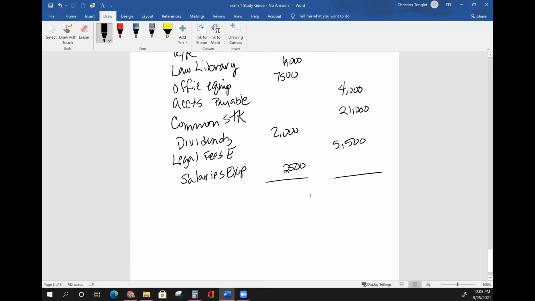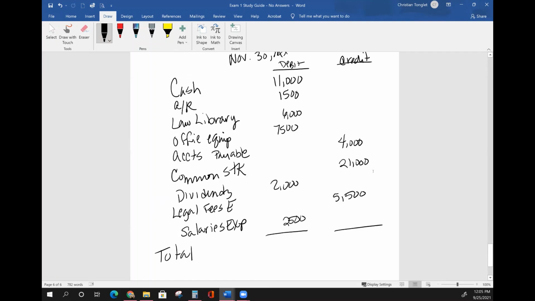Now I need to total both sides and see if they balance. If they don't balance, then we have something that's incorrect. We'll have to try to find the error. Okay, so we have 11,000 plus 1,500 plus 6,000, 7,500, 2,000 and 2,500.